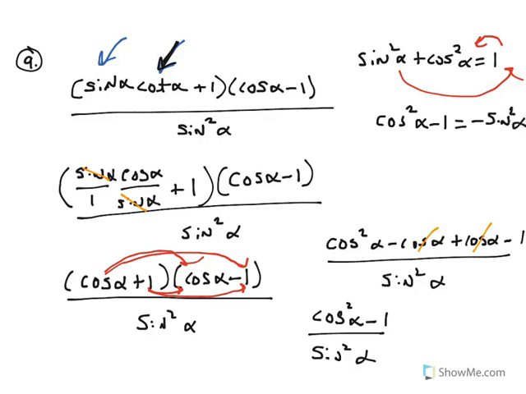So our numerator we can rewrite as negative sine squared all over sine squared. Anything divided by itself is 1, so sine squared divided by sine squared is 1, but we have the negative, so we're left with negative 1 for our final answer.